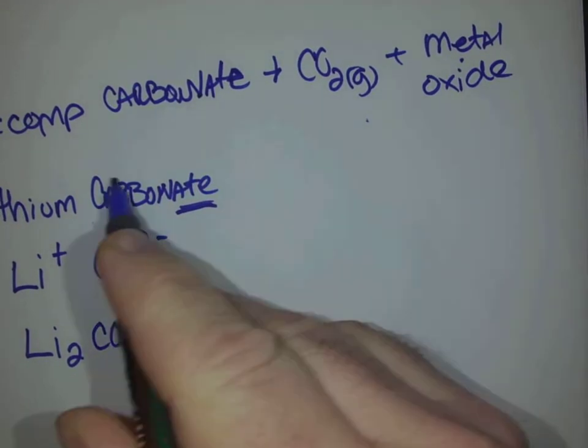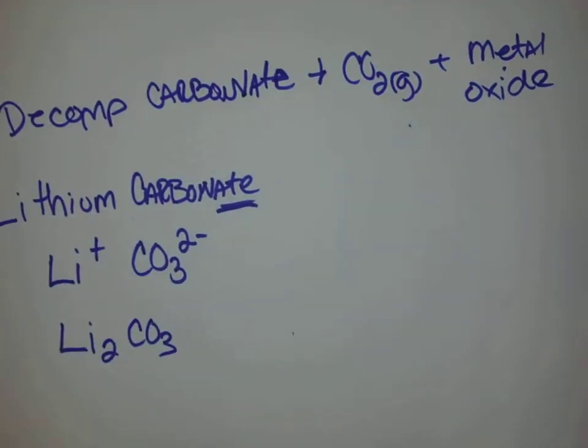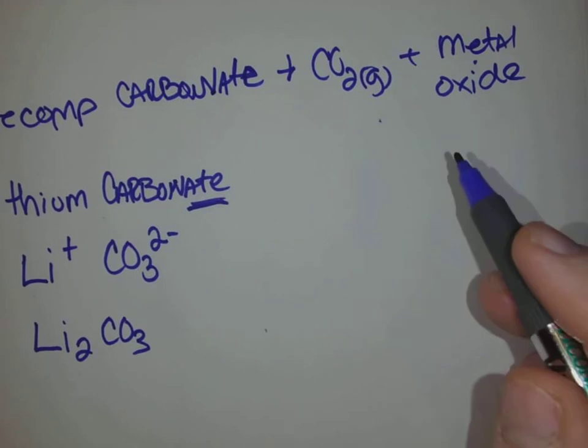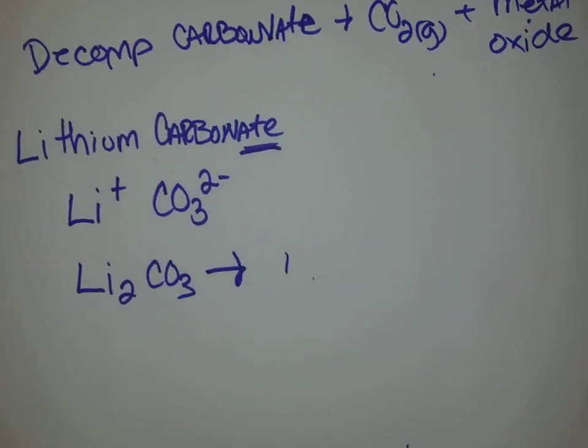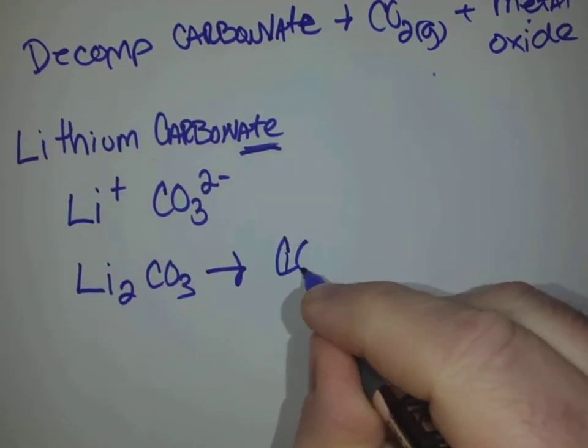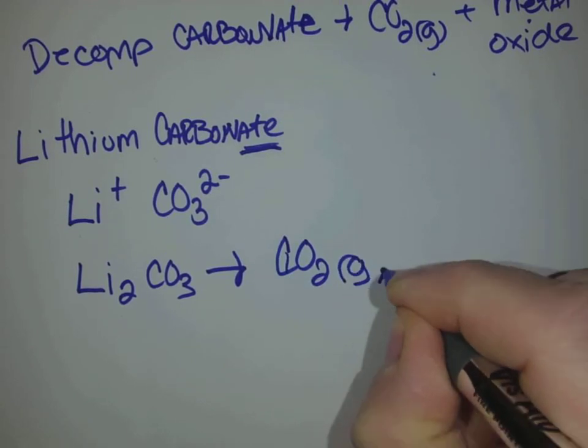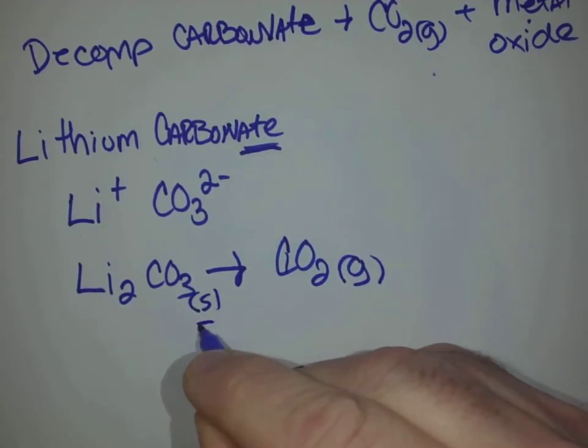That's whatever metal you have that is decomposing, and oxygen. So what does that look like? I'm finished going over my reaction here. So carbon dioxide as a gas, and the Li2CO3 will always be a solid.